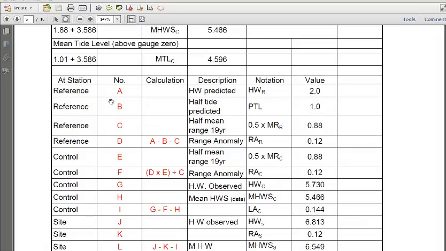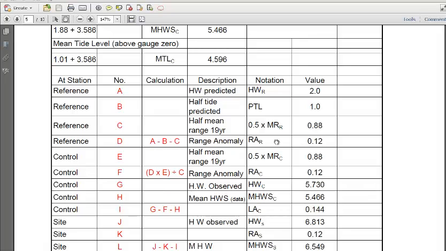Okay, now that we have the information, it's now for us to look at the calculation. So we start putting in the information that we have, the high water predicted, the half tide predicted, the half the mean range here, and then doing the calculation here we are able to work out the range anomaly at the reference station.